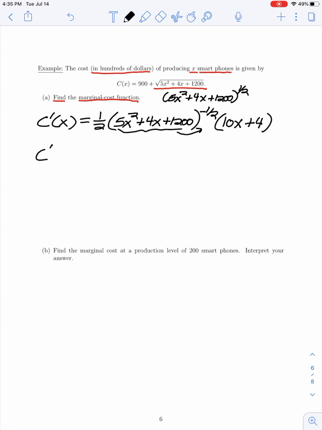Simplifying a little bit, C prime of x is equal to, well, we can take our factor of 1/2 out in front, and when we multiply by 10x plus 4, distributing the 1/2 gives us 5x plus 2.